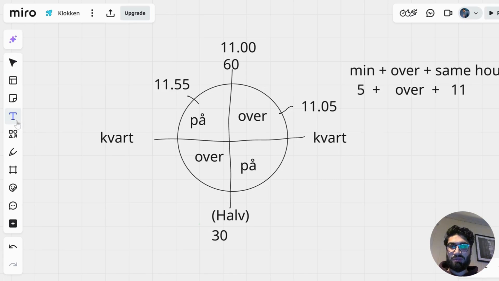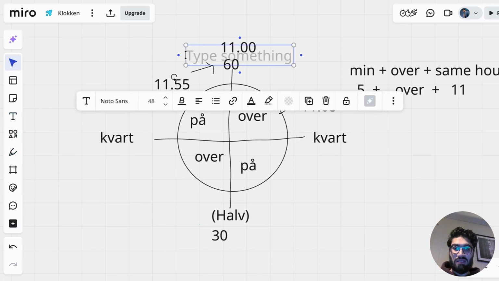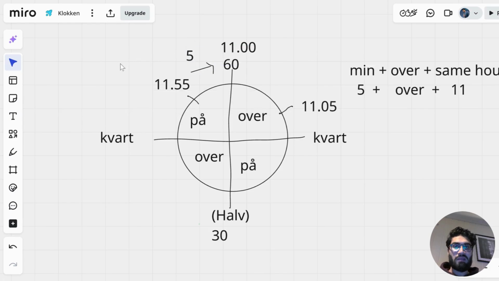So pay attention to that. Now, in the left side, 11:55, we are going to see how many minutes are left until a full hour, which is 60 minutes. As you can see, it's 5 minutes left, right? 5 left. That's what we are going to use.